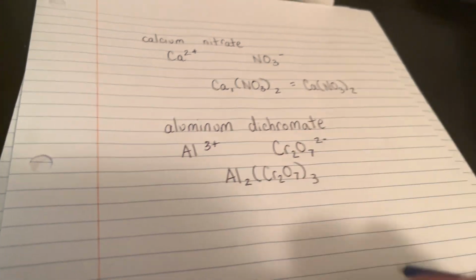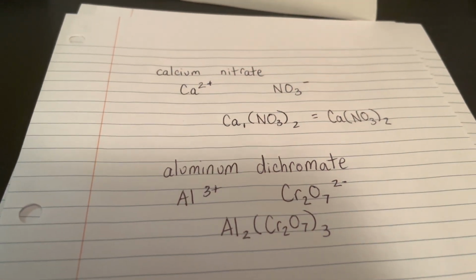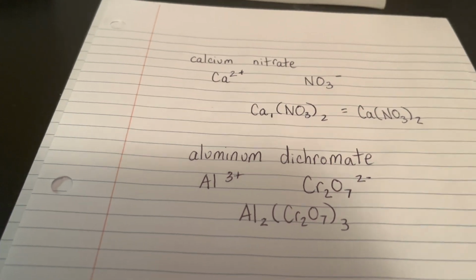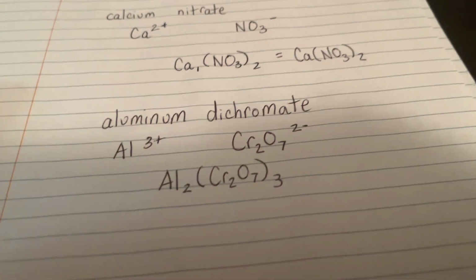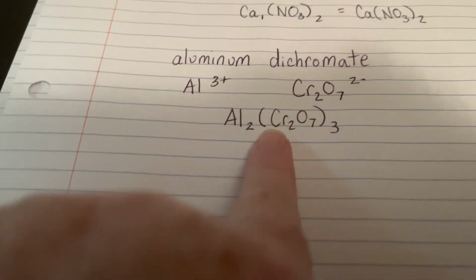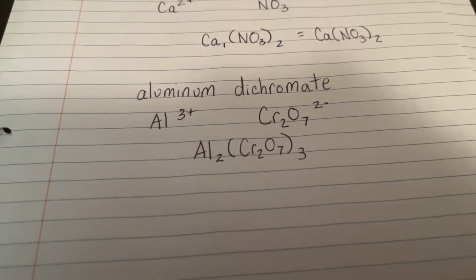And you're going to have 3 of these. That's why you need the parentheses, okay? Keep the dichromate ion in parentheses so it's evident that it's a polyatomic ion, okay? So in this ionic molecule, there are 3 dichromate ions and there are 2 aluminum ions.